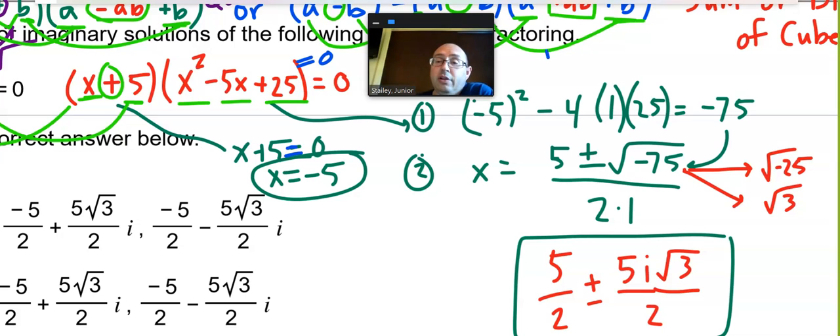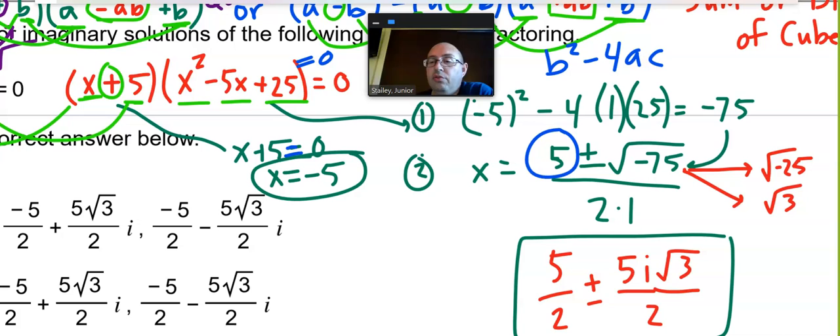Remember, discriminant, b squared minus 4ac. Well, I did that. I got negative 75. So that means I'm going to get imaginary numbers, right? So then I do the second part of the quadratic formula. Opposite of b, plus and minus, square root of, slide your discriminant in there, all over 2 times a. Now the square root of negative 75 can be broken up into the square root of negative 25 and radical 3.